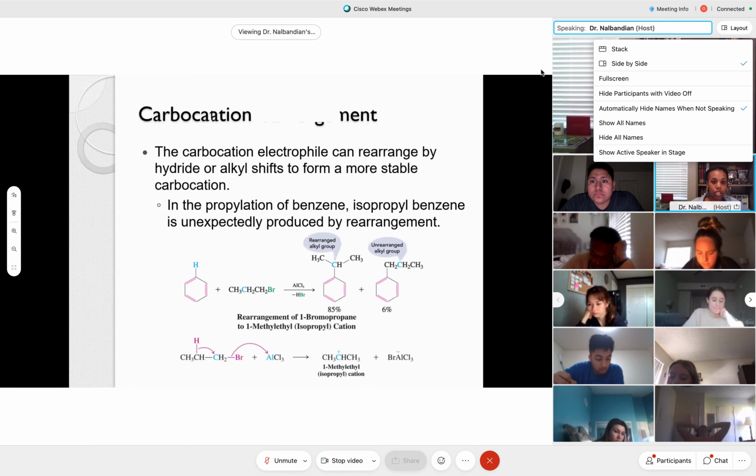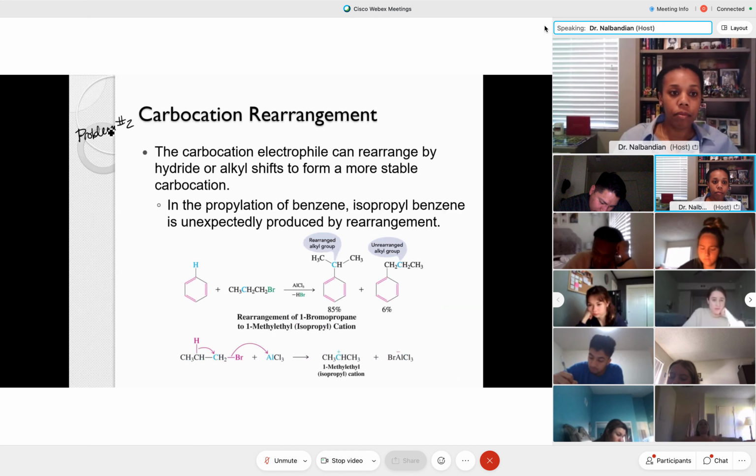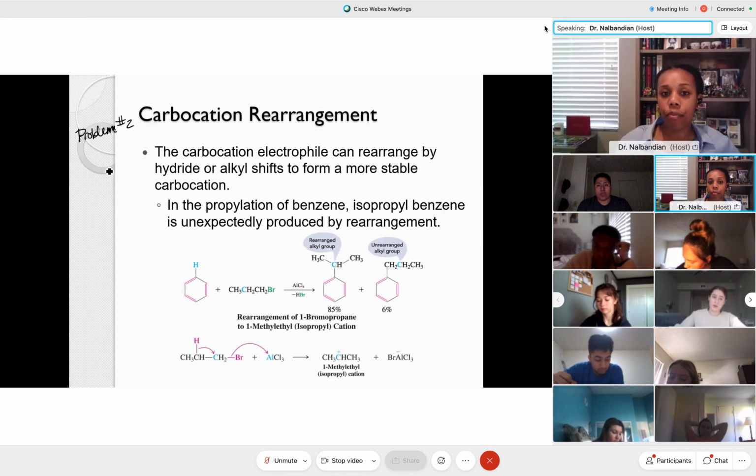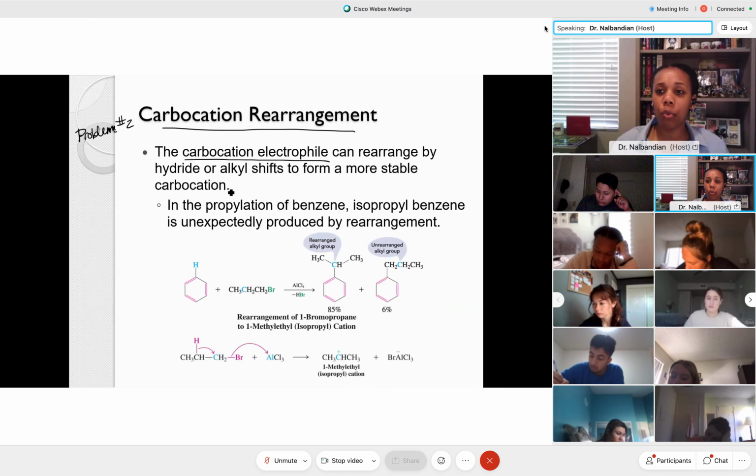All right, so our second problem, number 2, is that we can do rearrangements. So remember, we're making these carbocations, and we're using that as our electrophile. And so with these carbocations, what do we know about them?